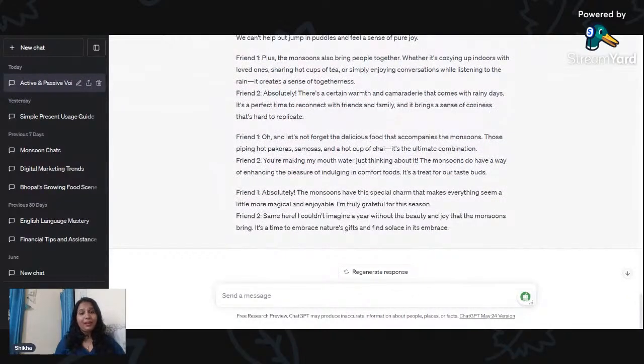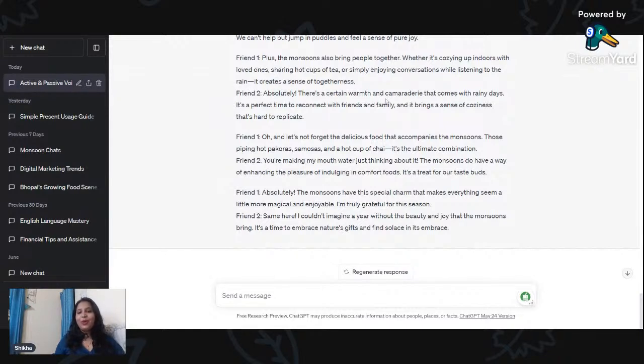Friend one: Plus, the monsoons also bring people together, whether it's cozying up indoors with loved ones, sharing a hot cup of tea, or simply enjoying conversations while listening to the rain. It creates a sense of togetherness. Friend two: Absolutely.